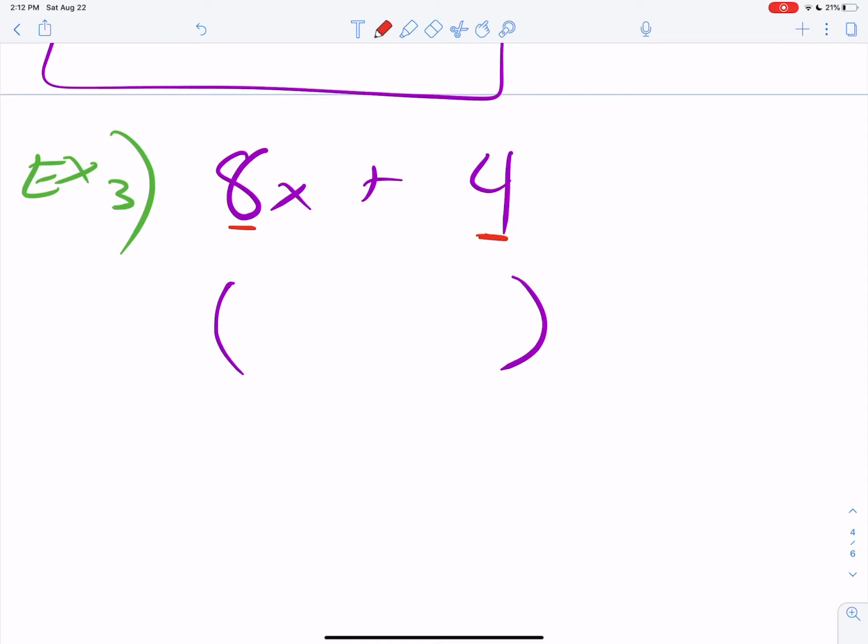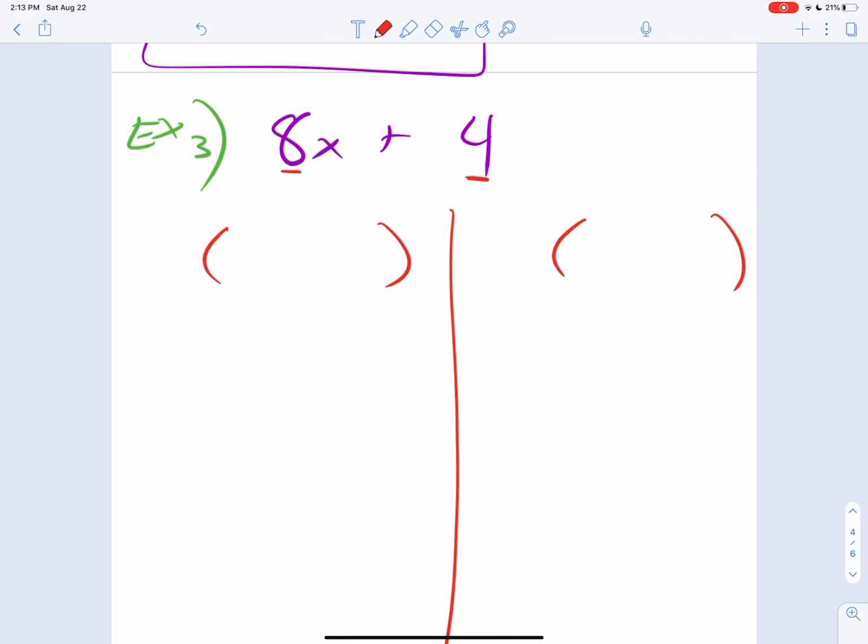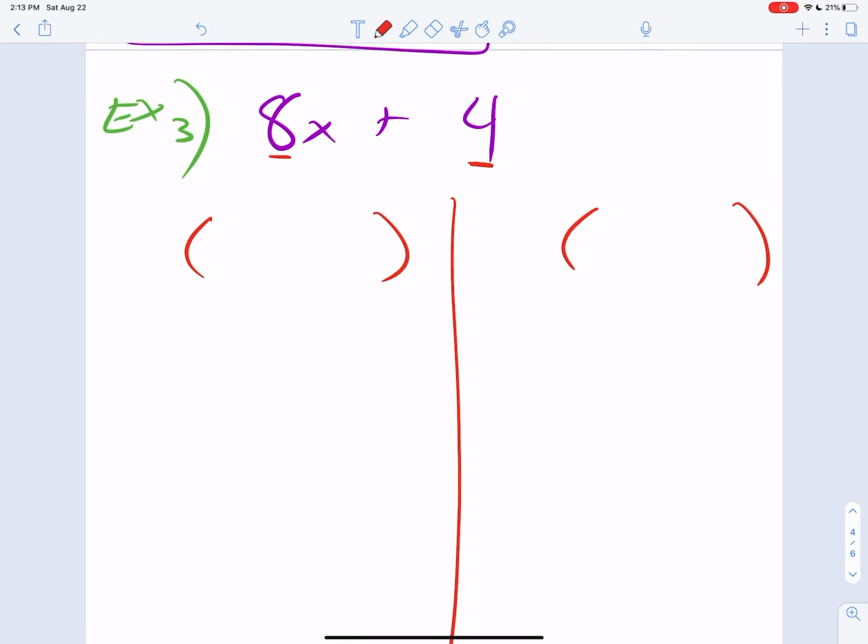Okay, 2 ways that you could have done this. And let me do a split screen here, okay? I want you to think about what goes on the outside, okay? The more correct answer would have been 4. If you said 2, you're not wrong, but let me talk about that later, okay?